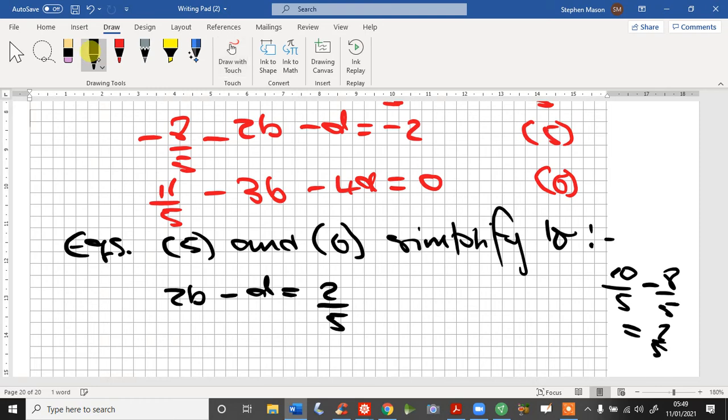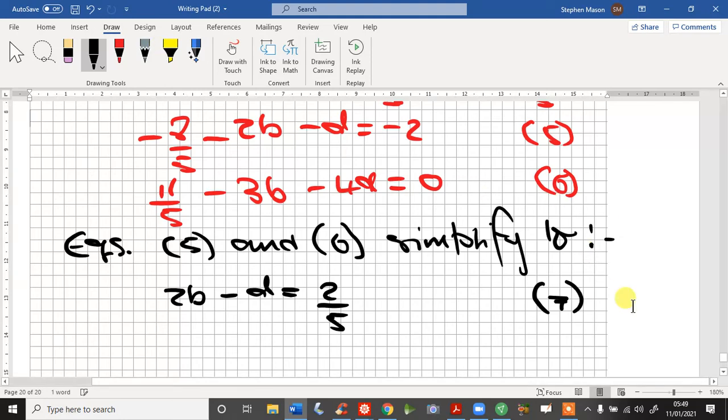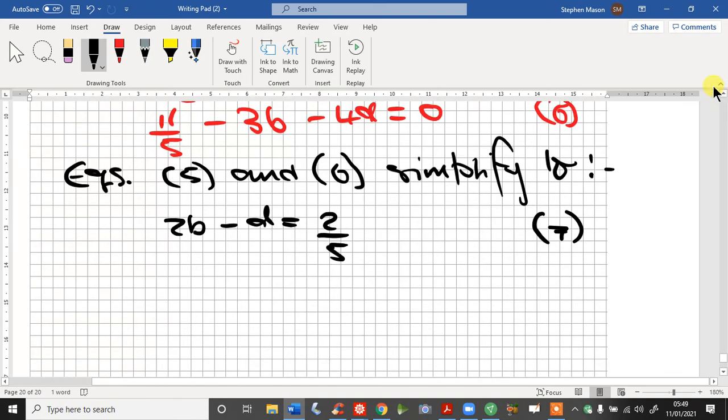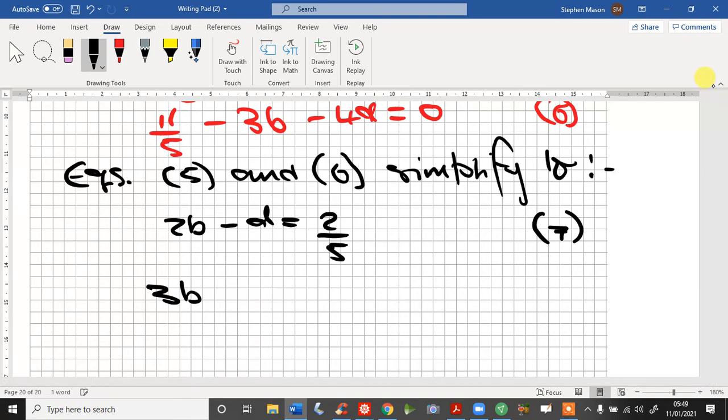We'll call that equation 7. Let me delete all that so that we're not crowded and so that everything's clear. Then the next equation simply can be written as 3b plus 4d equals 11/5. And that is equation 8.